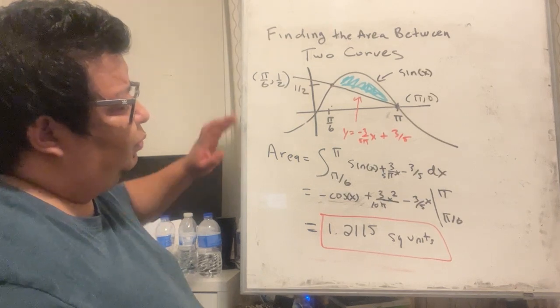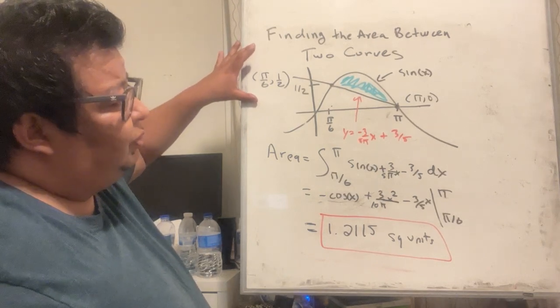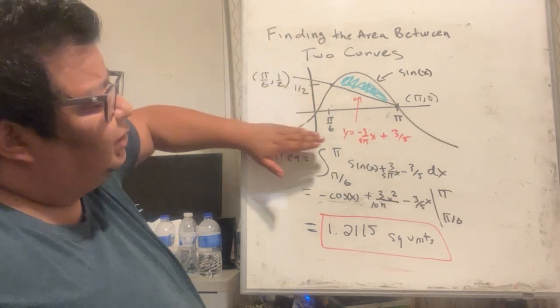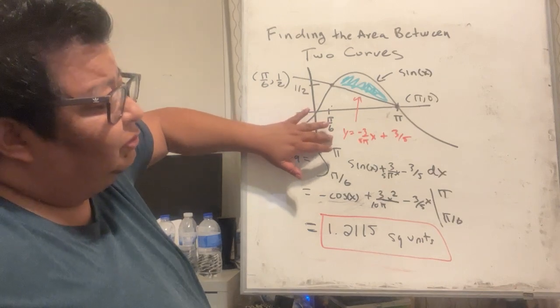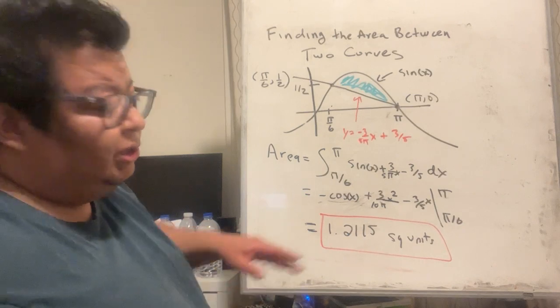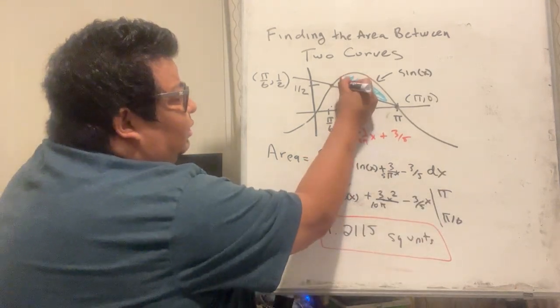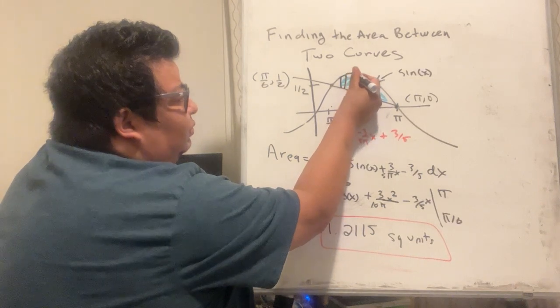Remember, when we are computing the area between two curves, you're going to need the function representation, and then you do an integral. In this case, I chose dx, which means each little rectangle is vertical.